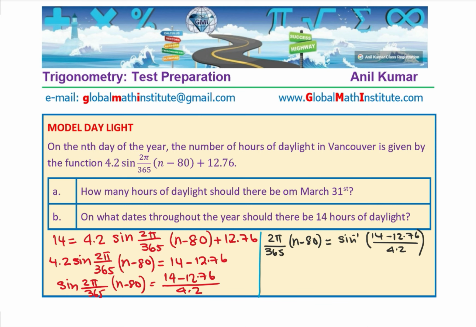You get an angle of 0.29997. That's the angle which you get. Now the idea here is that sine is positive in quadrant 1 and in quadrant 2.